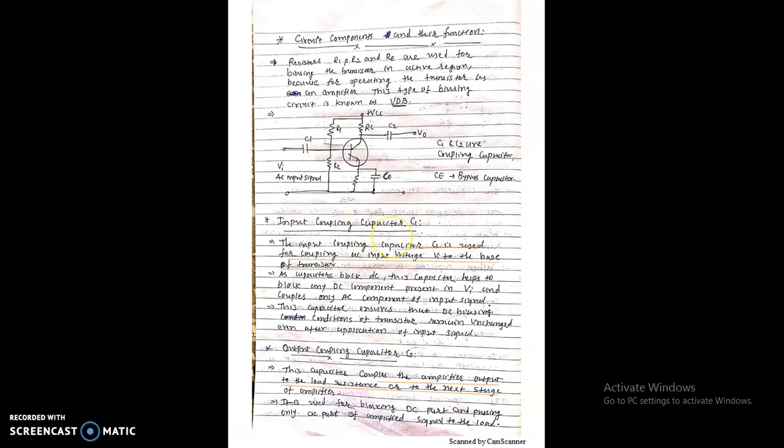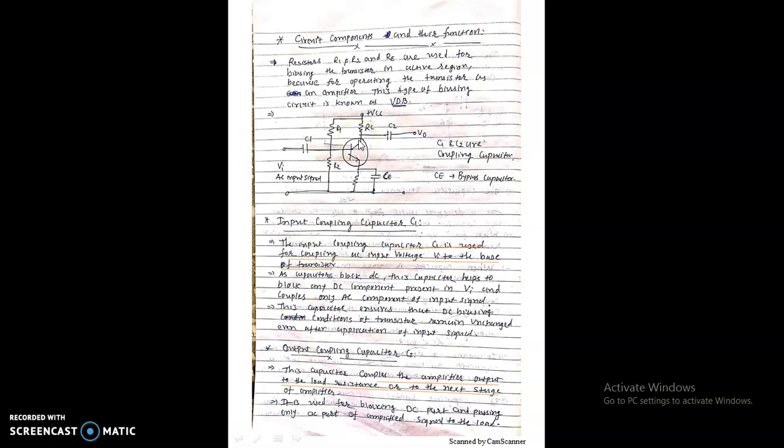Next, the circuit components and their functions. Here you can see the simple amplifier circuit. In that, we will discuss different components and what their functions are. In the figure you can see R1, R2 and RE.